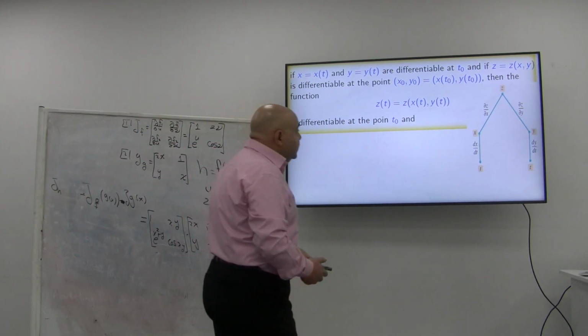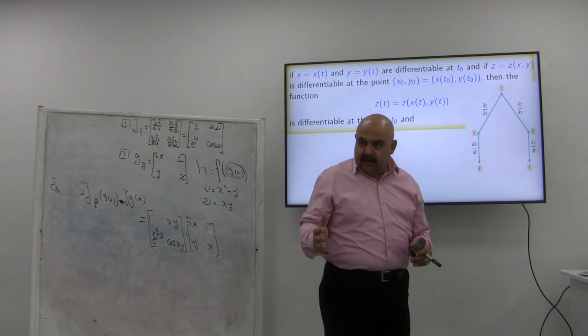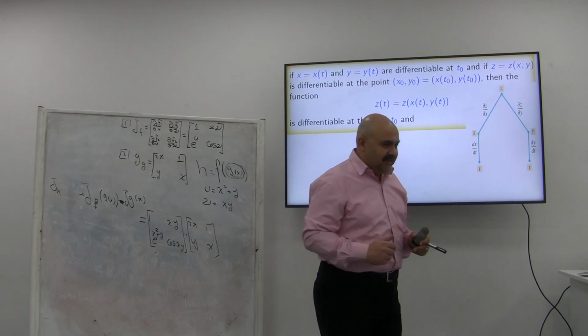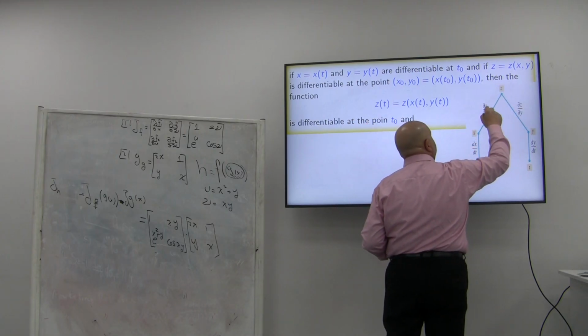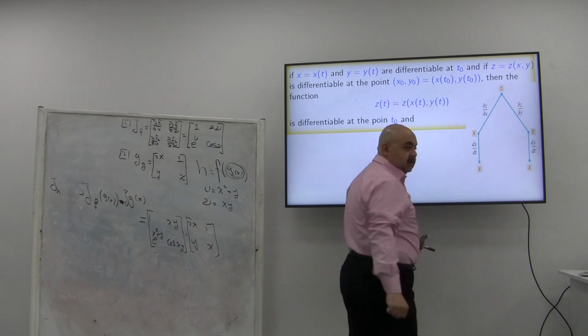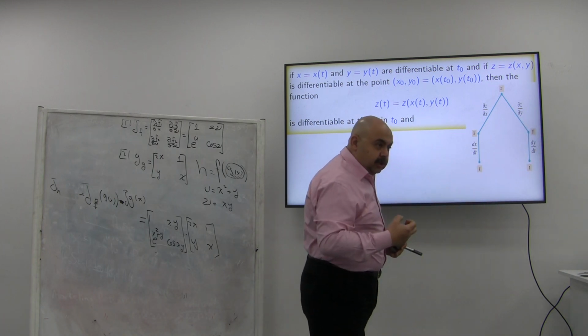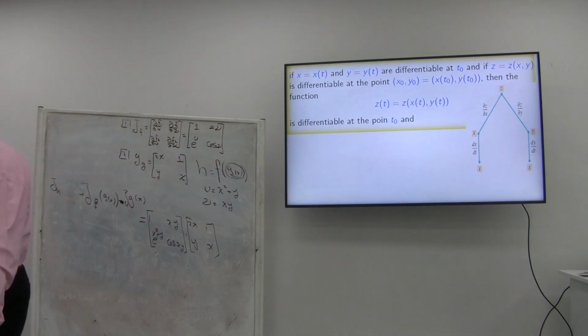This is Z, which is a function in X and Y. Both X is a function in T and Y is a function in T. So if I want to differentiate and get the derivative of Z in T, don't do it.